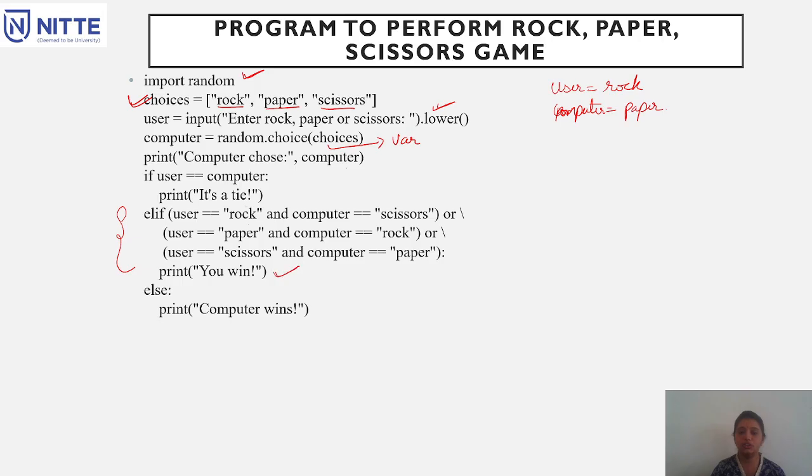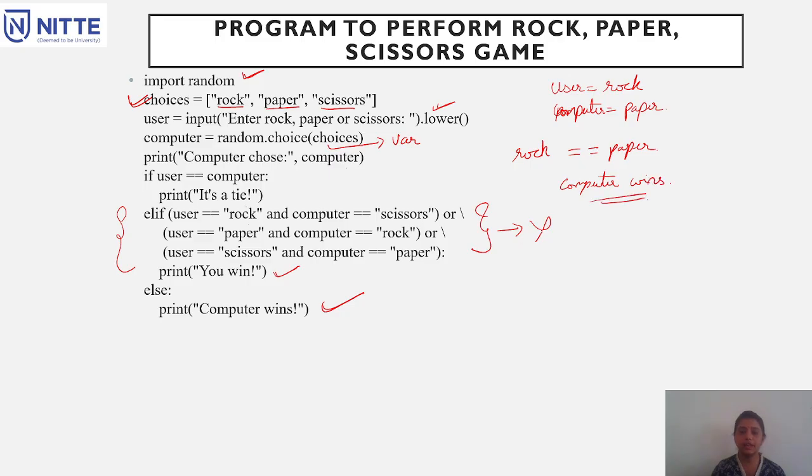Now we have a different choice. That is, I have chosen rock and the computer has chosen paper. Rock and paper is not amongst the winning choices which are available. So you are not winning, the computer wins the game. So finally it prints computer wins as per your output statement.